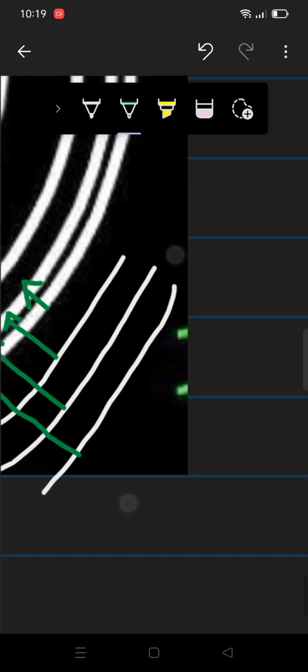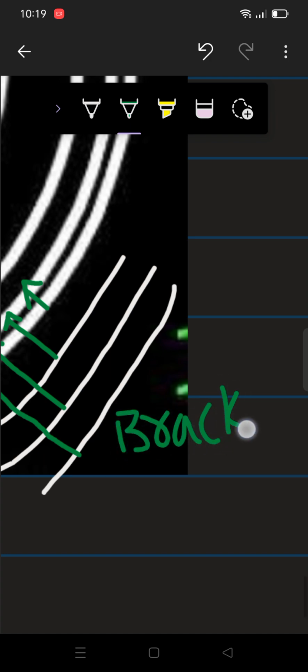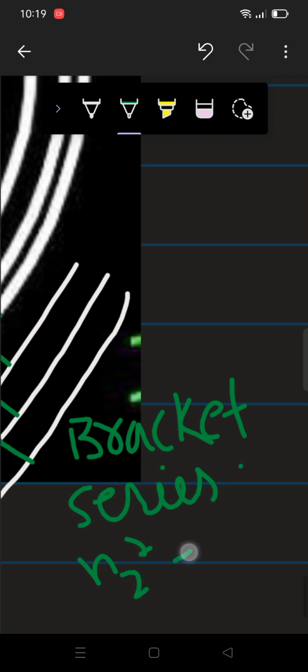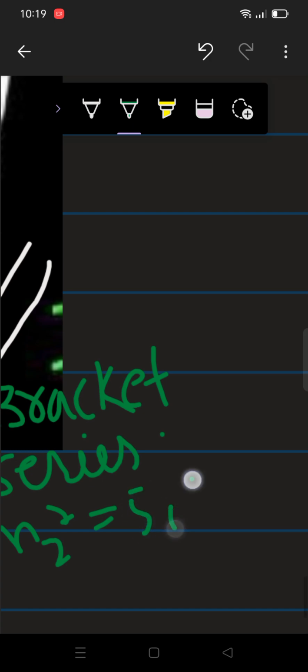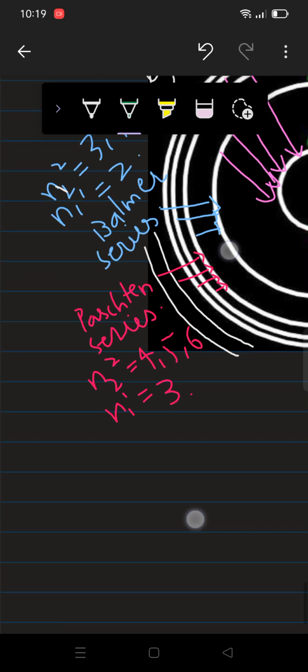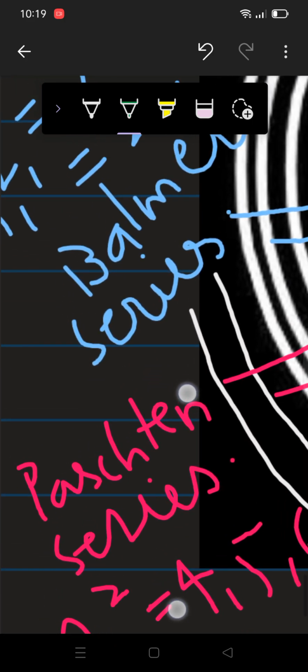The series we got here would be the Brackett series. Here n2 would be 5, 6, 7, meaning the electron can come from 5, 6, 7 or 8, but where it falls, of course, is n1 equals 4.